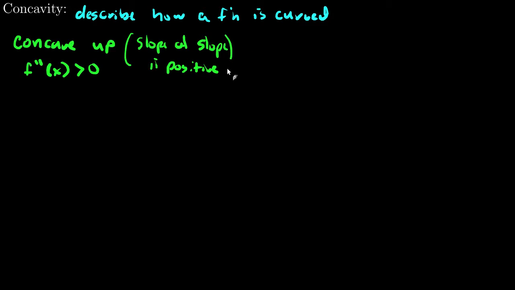Or the first derivative is increasing. And how that can happen is this. It can be increasing like this, curving up like that. I could have it increasing like this. I could have it increasing like this. The important part is it's sort of cupped upwards.